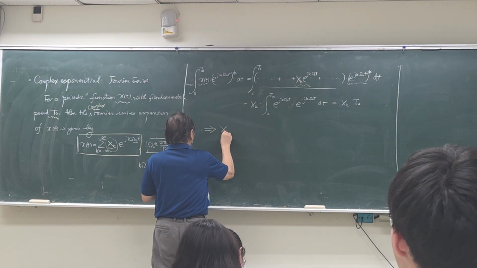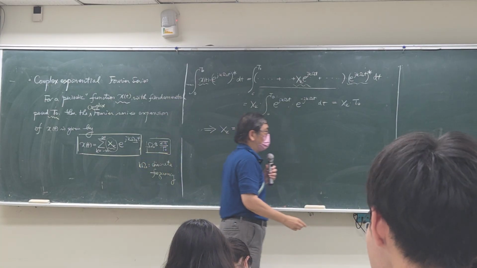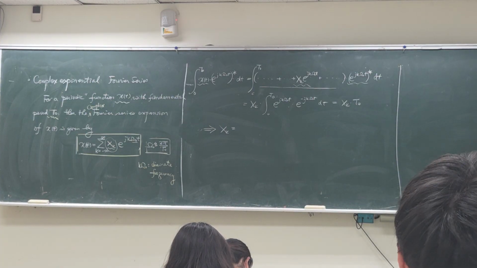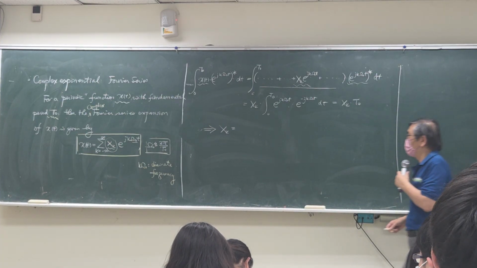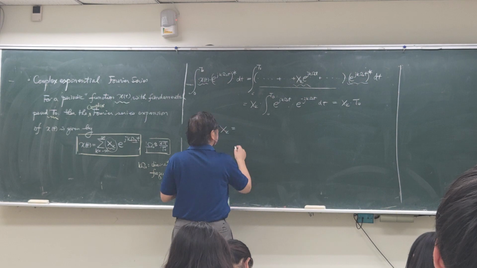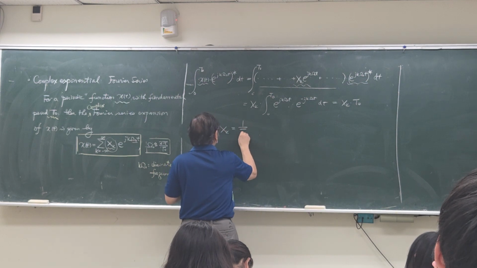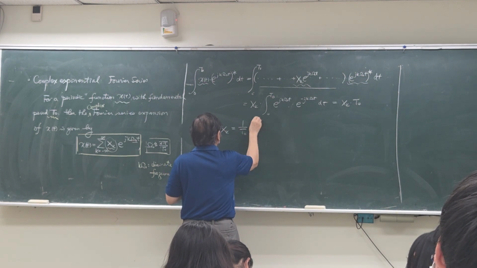That means the coefficient, kind of this projection coefficient, is equal to 1 over t0 times the integral.